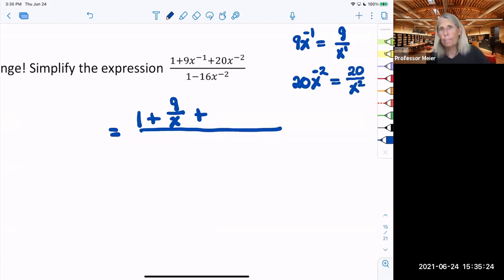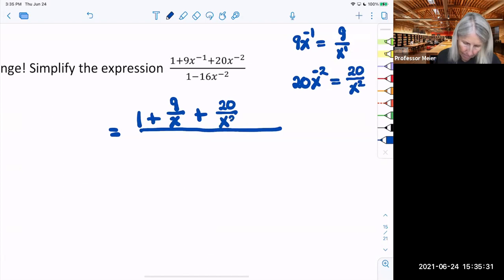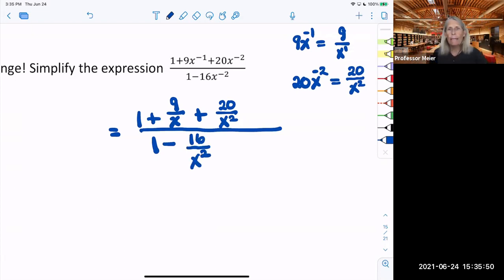So this is going to be 20 over x squared. Okay. And then so on with the denominator. So the denominator, we have 1 minus, and then we have that 16x to the negative 2. So that's going to become 16 over x to the positive 2. Right? So this is the first step. Clean up the negative exponents.